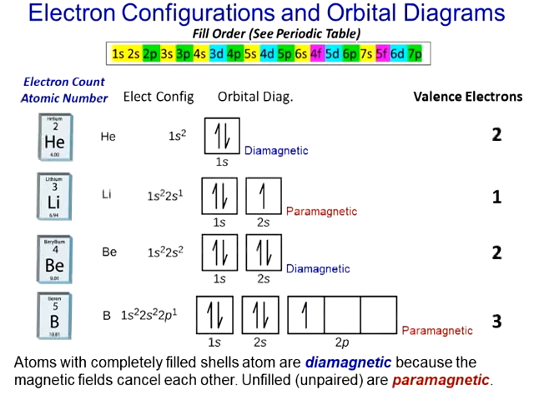Let's look at some more examples. Helium, lithium, beryllium, boron. We've already written the electronic configuration for these, and we've already drawn the orbital diagrams for these. So we simply take a look at them and count, and we know that helium, which is a noble gas, has 2 electrons and is perfectly happy.